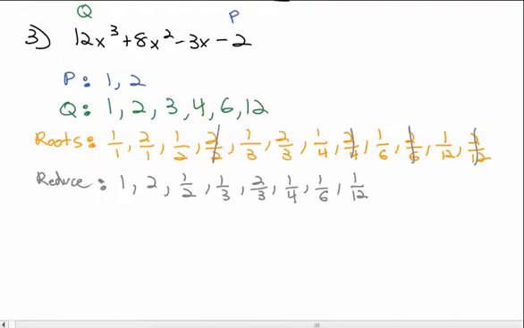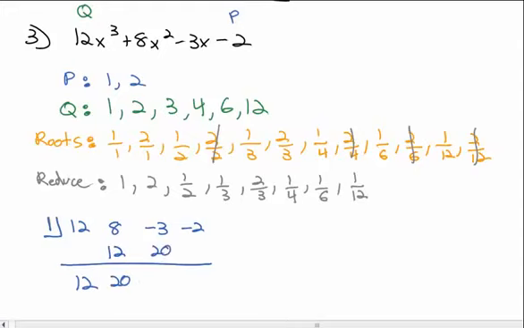So now to find our correct roots, we just have to start working through. Start with our 1. Coefficients are 12, 8, negative 3, and negative 2. Bring down the 12. Times 1 is 12, plus 8 is 20, times 1 is 20, minus 3 is 17, and you can see this is not going to give us a 0.